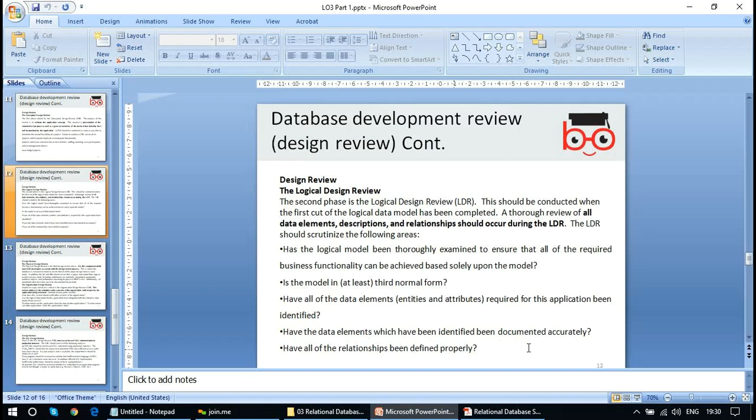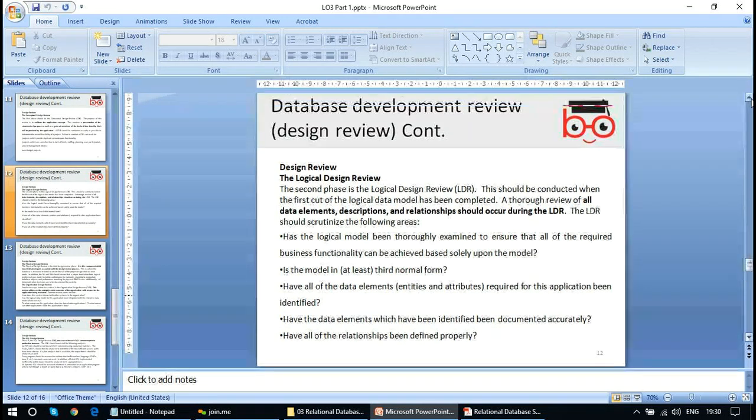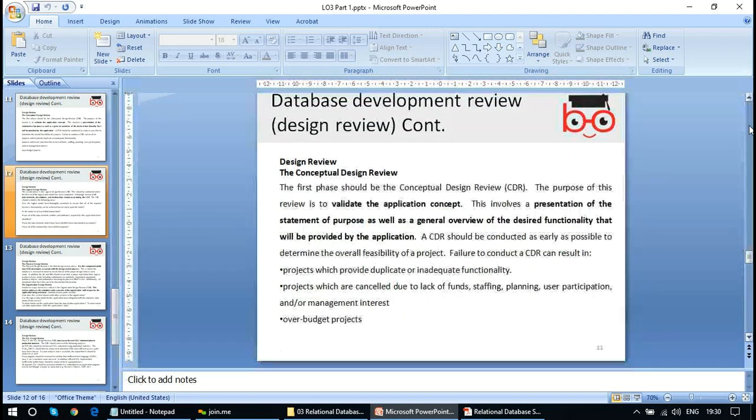Have all of the relationships been defined properly? Make sense? So logical review is related with the logical structure of the database. Conceptual review allowed you to at least validate your idea of creating the database.